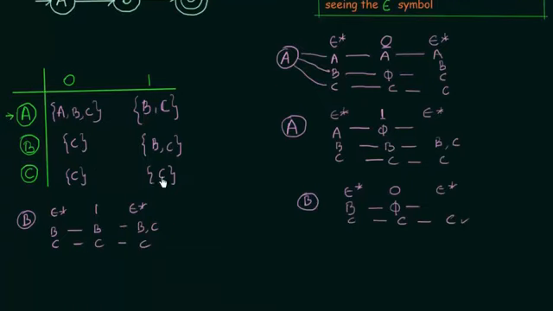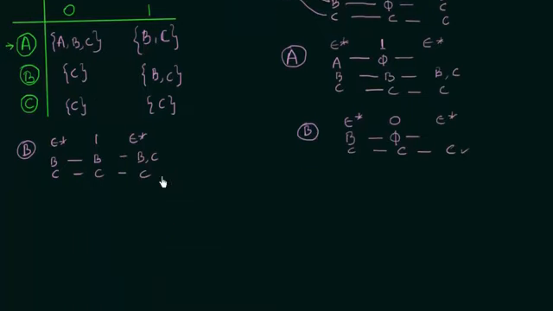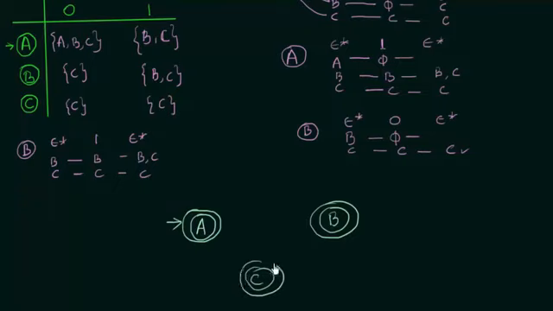Now let us draw the transition diagram for this NFA. So we have state A, which is the initial state as well as the final state. Let me make state B over here. B is also a final state, so I put a double circle, and C I'll make here. C is also a final state, so I put a double circle around C. Now A on input 0, where does it go?